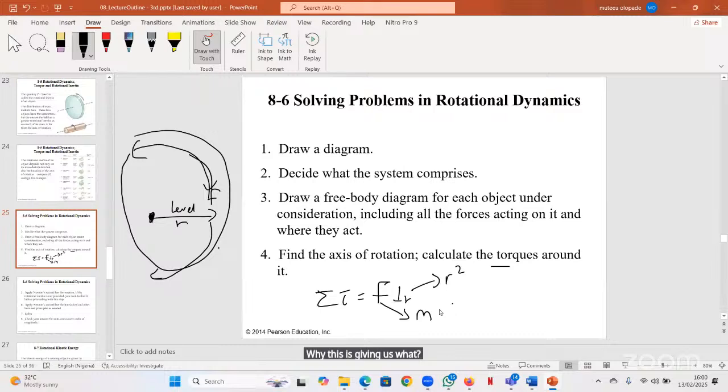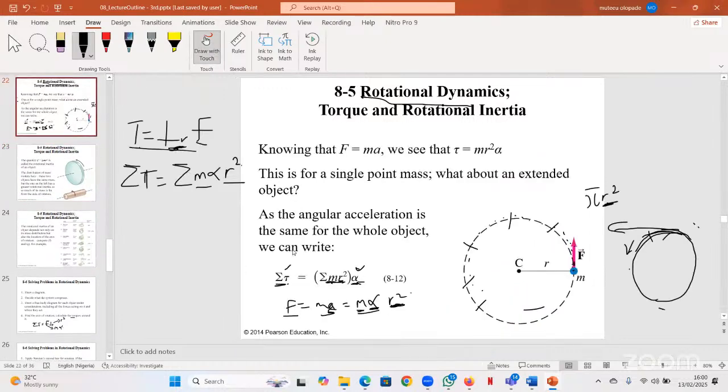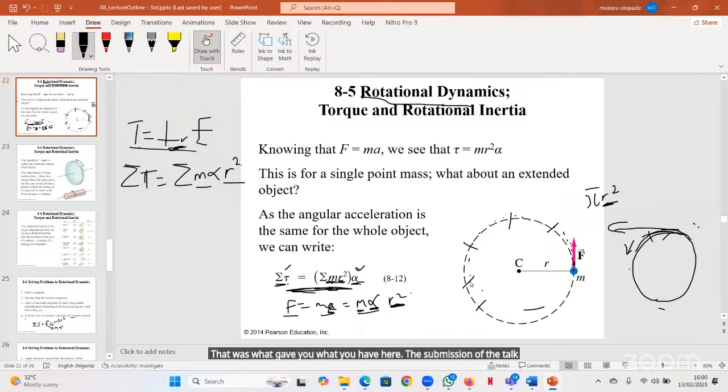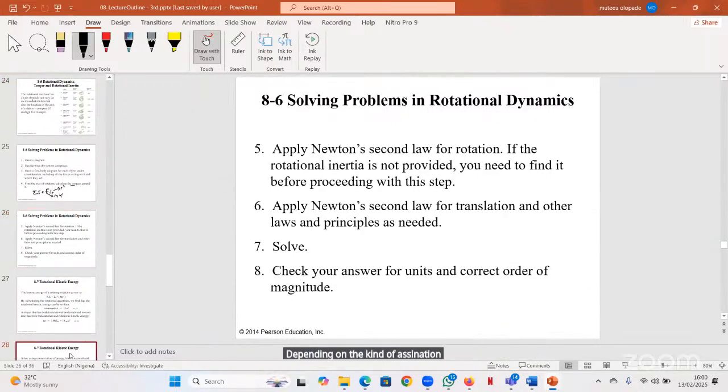Mass multiplied by the angular acceleration. So that is what gave you the summation of the torque. So the torque varies from one place to the other, depending on the kind of acceleration given to it.